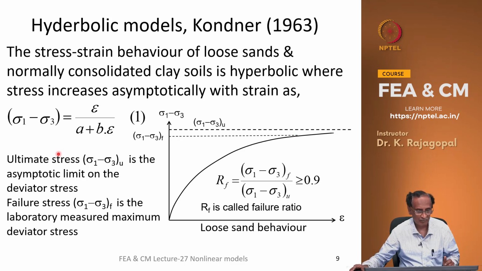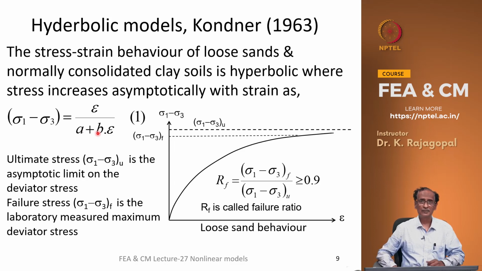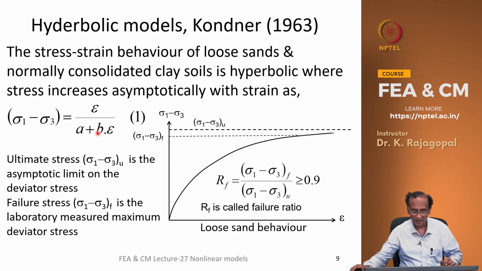And Kondner gave this relation that the deviator stress is epsilon by A plus B epsilon, and this is a typical hyperbolic equation. A and B are constants, but they have some meaning, and that we will see.